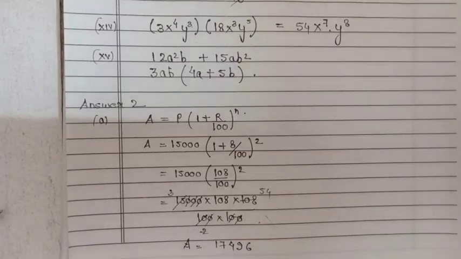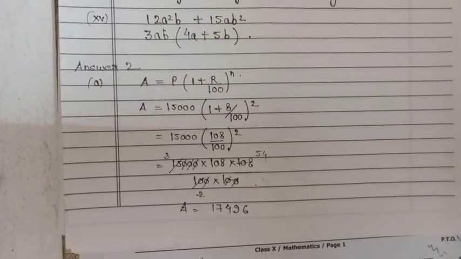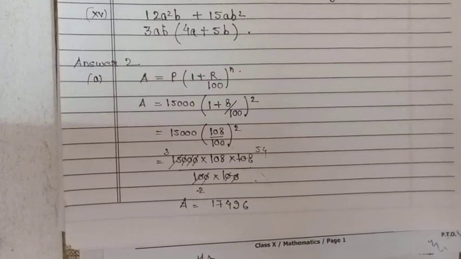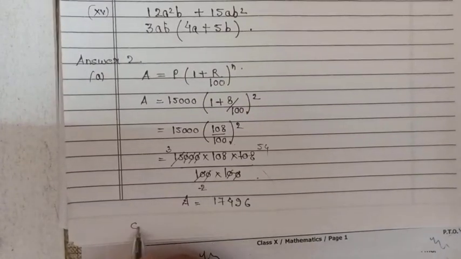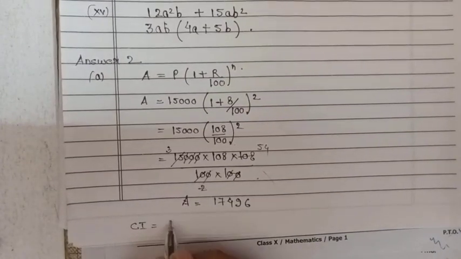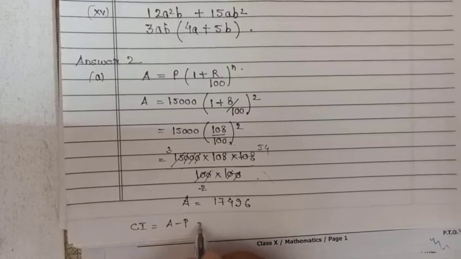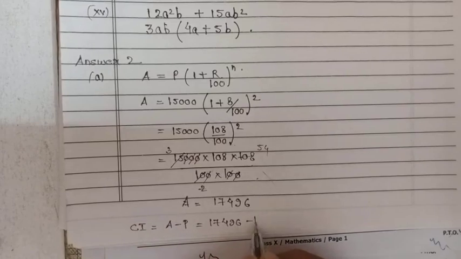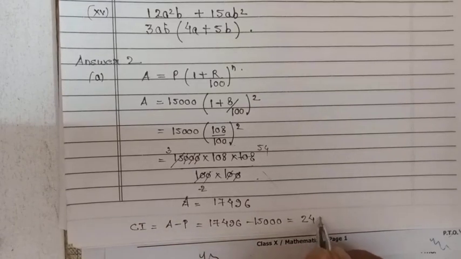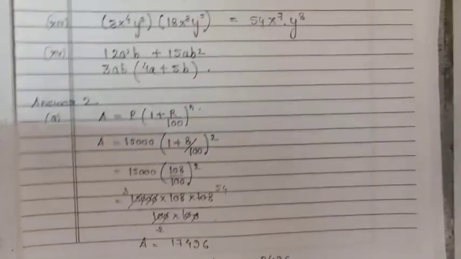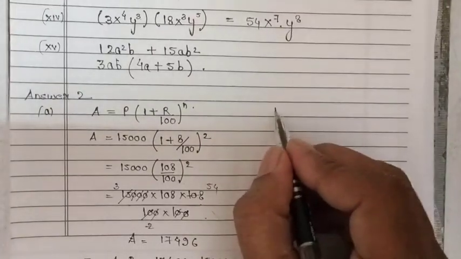Next you have to find compound interest also. Compound interest is equal to amount minus principal. 17496, you will subtract 15,000, so you'll be getting 2,496. So this will be the compound interest. Okay, now moving on to the B part.